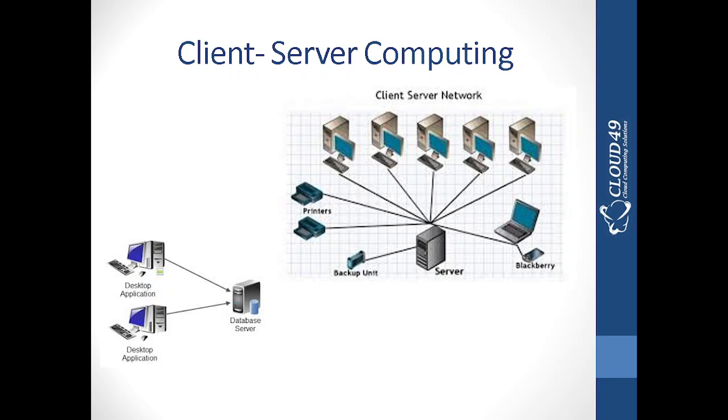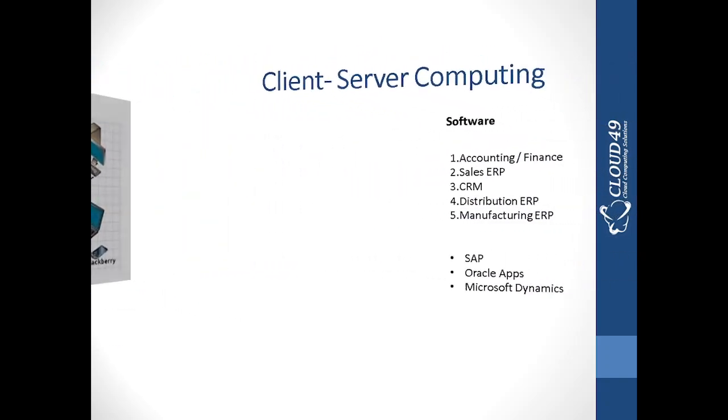So it depends on the services the server is providing, and we call the server by the same name. If the server is providing SMTP service, we call it an SMTP server. Like a DNS server provides services related to DNS, we call it a DNS server. This is a DHCP server. This is an FTP server. This is a web server. Like that.